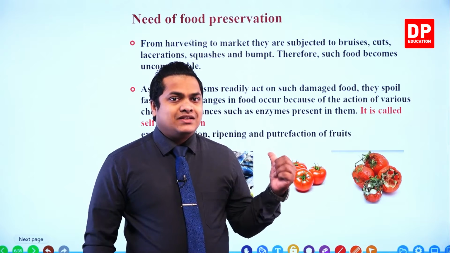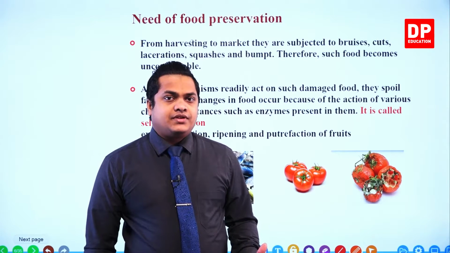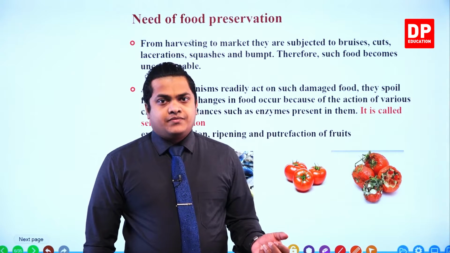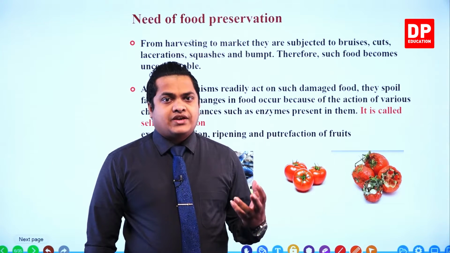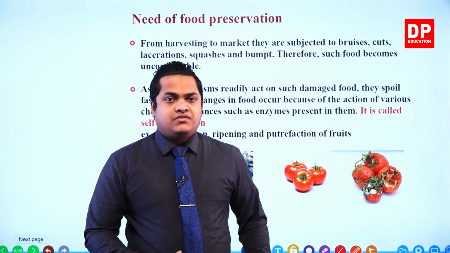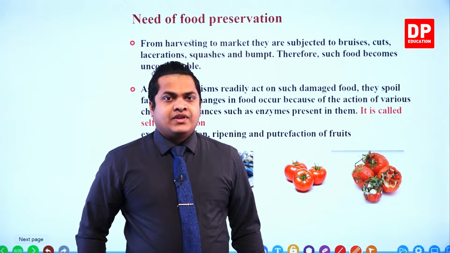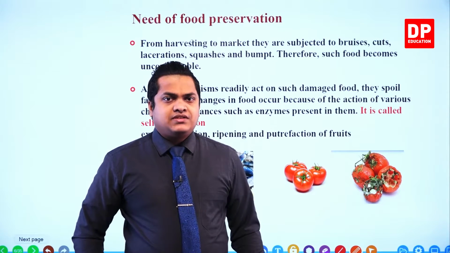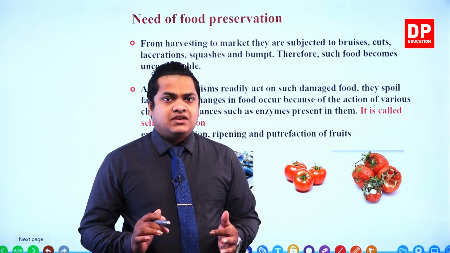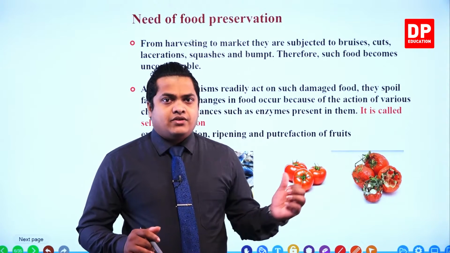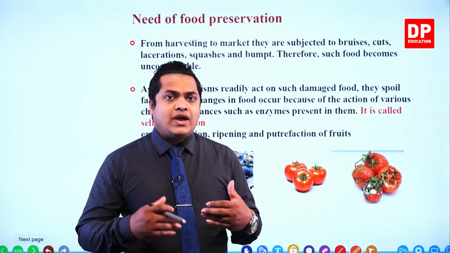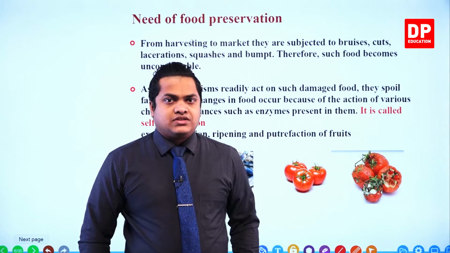Because of the self-degradation also, my dear children, a favorable environment for the action of microorganisms will develop, and the fruits and vegetables will get spoiled very quickly. The main action is because of the microorganisms, but those external factors like cuts, bruises and squashes, and also self-degradation, are going to accelerate the action of microorganisms.